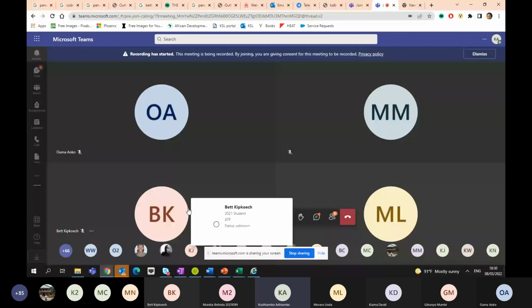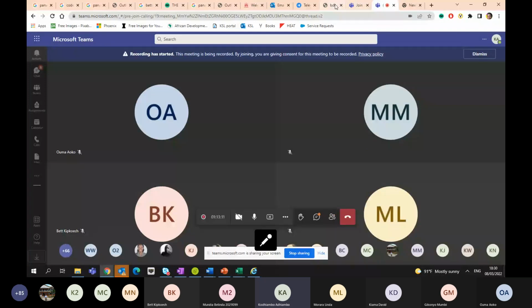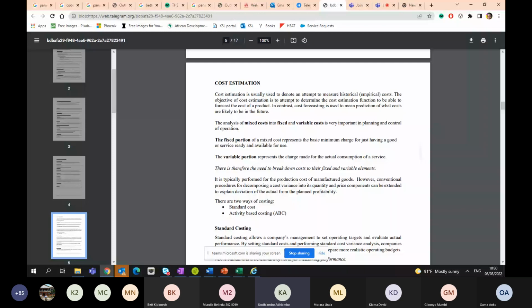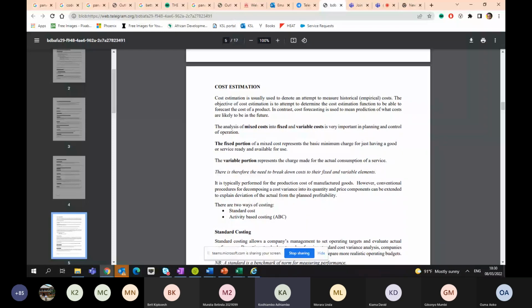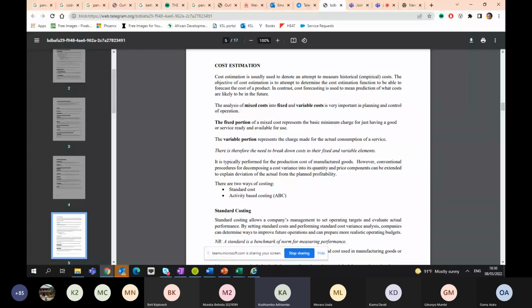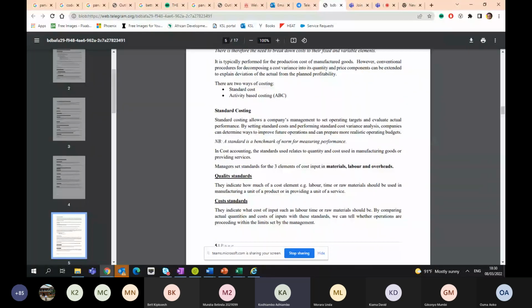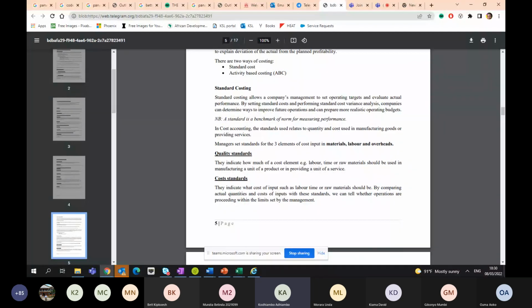Assume that there's none, so I will move to cost estimation, which has mixed cost. Mixed cost is fixed plus variable. We have talked about this. A lot of this is standard costing, which is measuring performance in terms of period, product, materials, labor. A lot of what you're going to be doing is based on that.